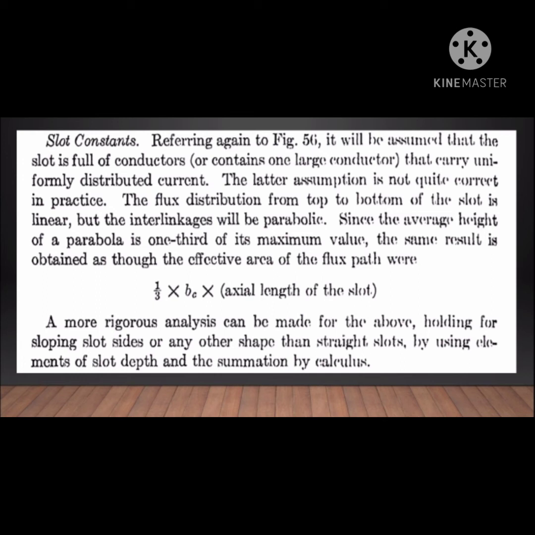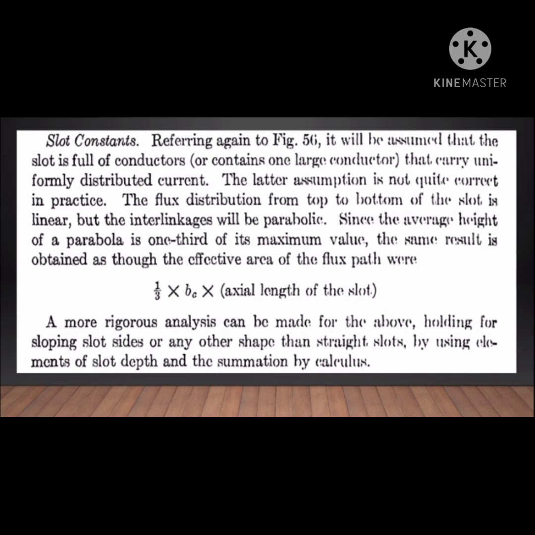Since the average height of the parabola is 1/3 of its maximum value, the same result is obtained as though the effective area of the flux path were 1/3 times BC, which is yung BC natin is the slot depth times the axial length of the slot.